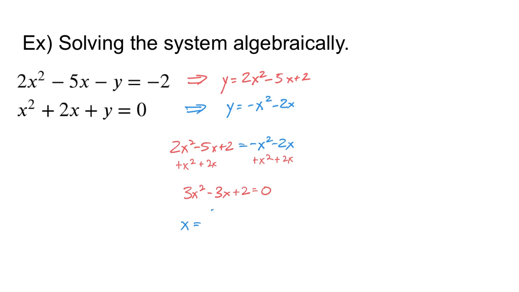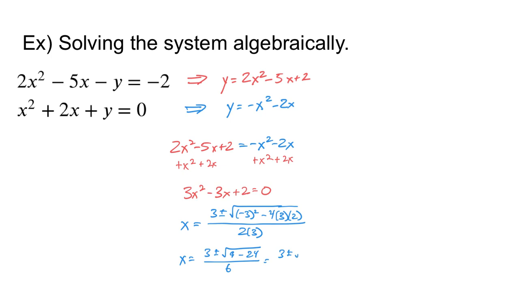So x is equal to the opposite of b plus or minus the square root of b squared minus 4 times a times c, all over 2 times a. And I simplify that down. I get x equals 3 plus or minus the square root of negative 3 squared, which is 9, minus 4 times 3 times 2, which is 24, all over 6.